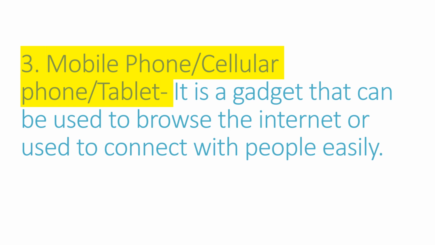It is a gadget that can be used to browse the internet or used to connect to people easily, right? So through cell phone, you can call your mother, you can call the people that you want to call, and then you can also send a message through that. Aside from that, you can also browse information through the internet.